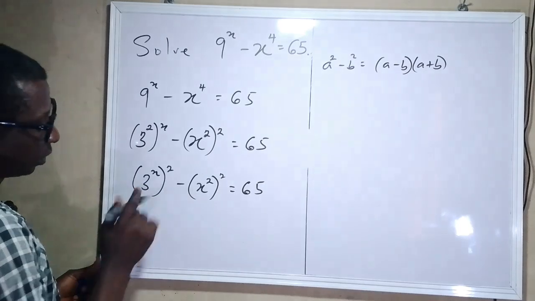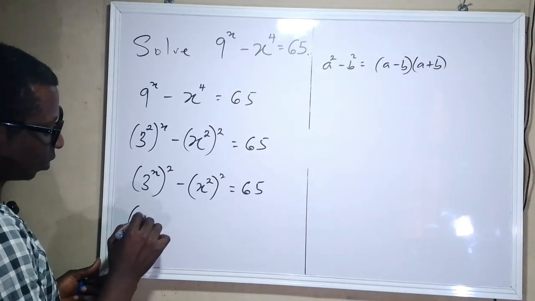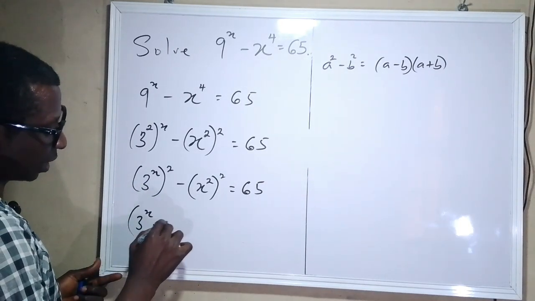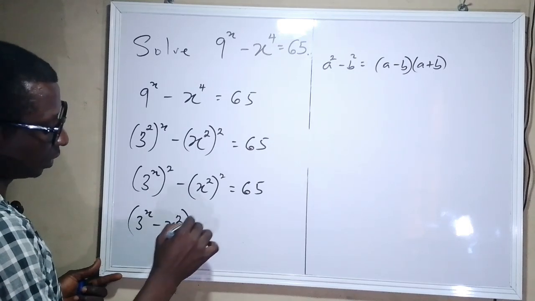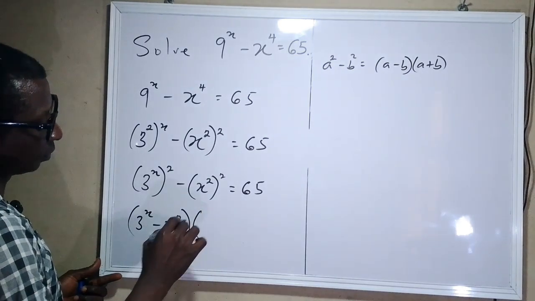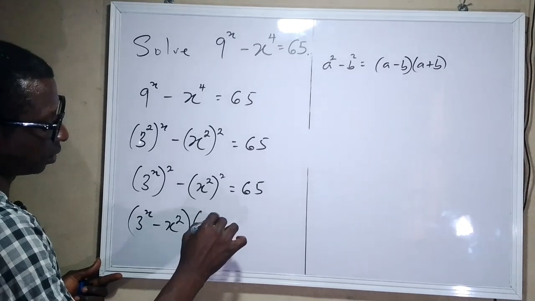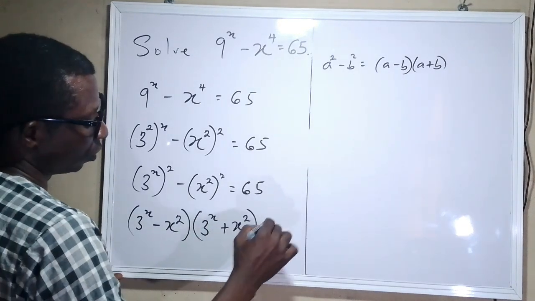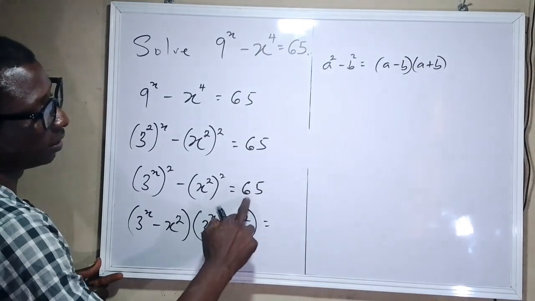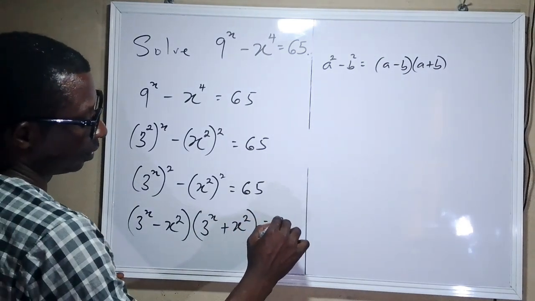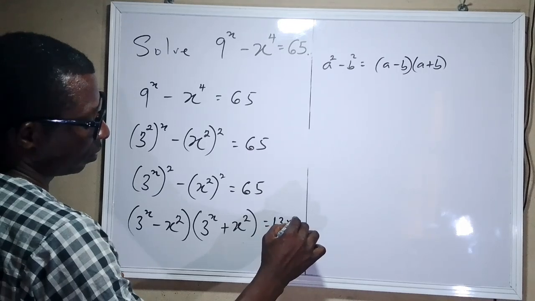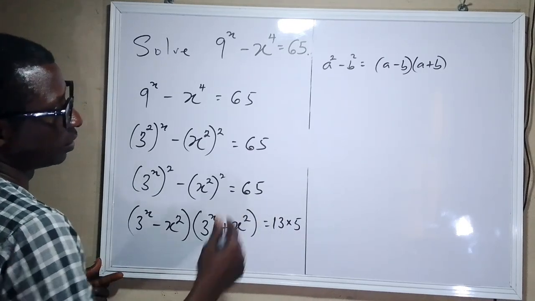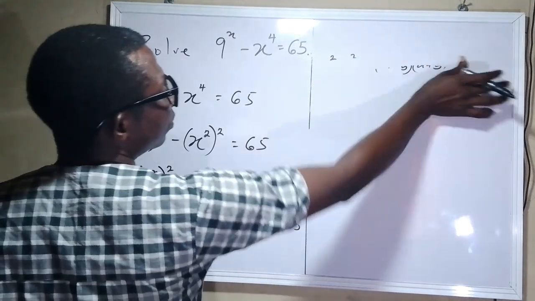Now this turns to 3 raised to the power of x minus x raised to the power of 2, times 3 raised to the power of x plus x raised to the power of 2, equals, now this is the same thing as 13 times 5. 13 times 5 is 65.